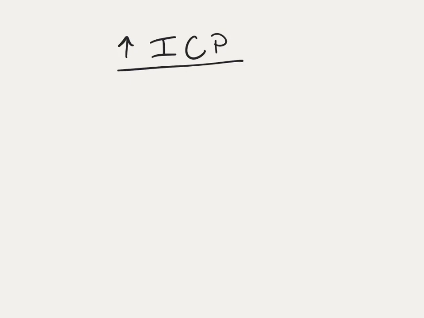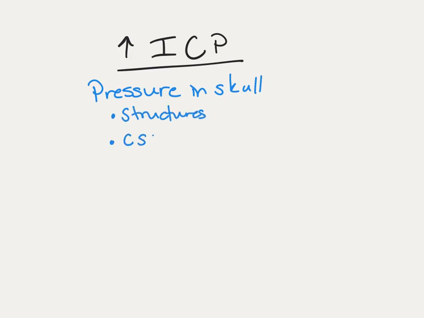Our focus in this video is going to be what happens if there is an increase in intracranial pressure. So we're looking at the pressure in your cranium or your skull. So there's of course all the structures that are in there. There's cerebrospinal fluid, and there's blood. So any modification in any one of these three things can cause an increase in that pressure.